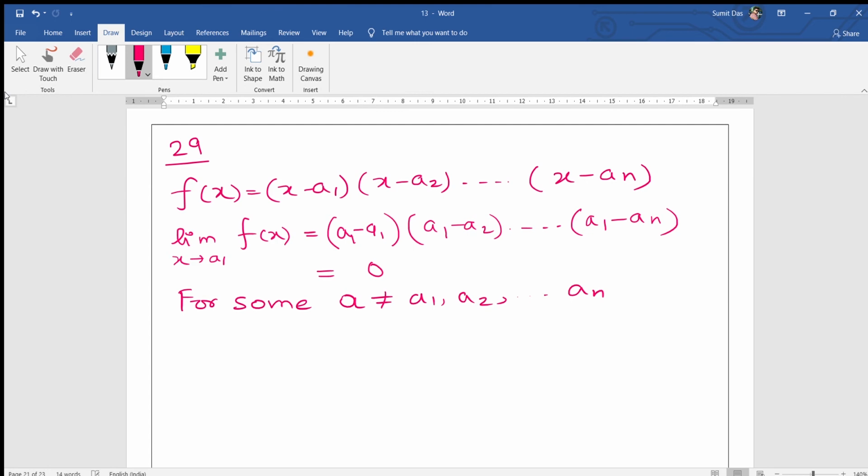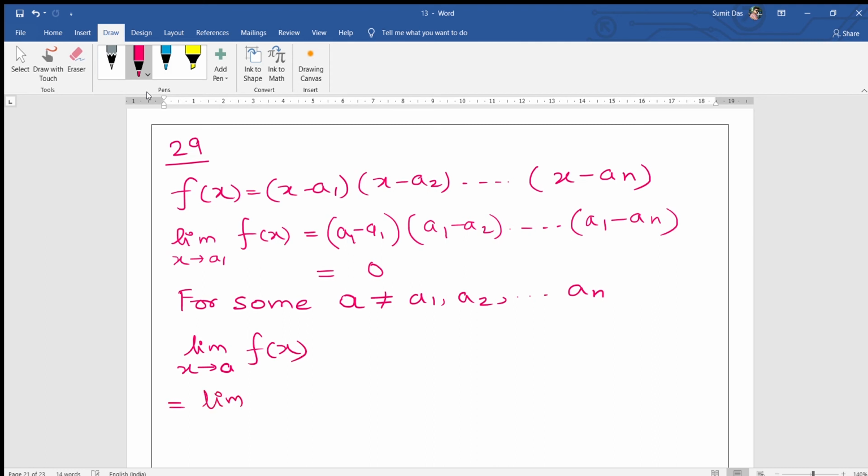We have to find the limit as x tends to a of f(x). So how to do this limit?